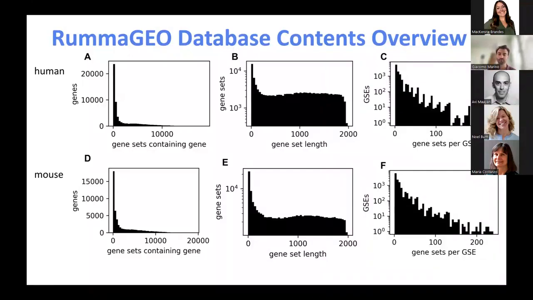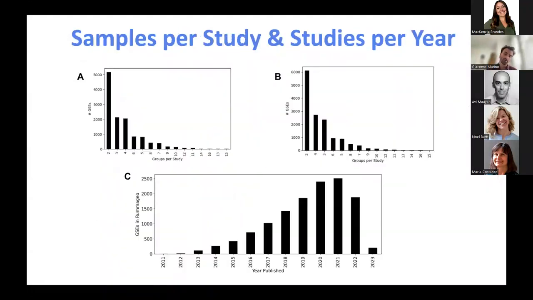So for instance, 3 choose 2 or 4 choose 2, and that's what's leading to these peaks. We can also look at the groups per study, and here we see something interesting in the fact that there is a bias towards an even number of groups. You can see 3 and 4 being equal and 5 and 6, but the majority being 2 experimental groups that are being compared.